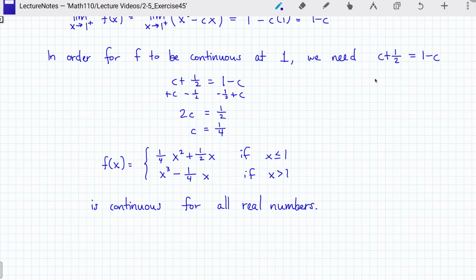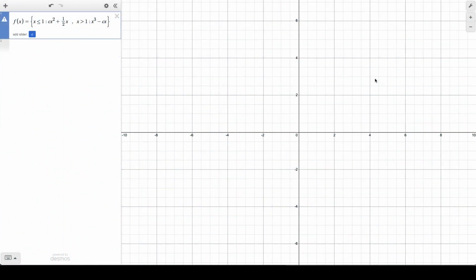So let's take a look at this on Desmos. I have put this piecewise function into an equation line. And just to let you know how Desmos handles piecewise functions, I start with that curly brace, just like we have in written notation.